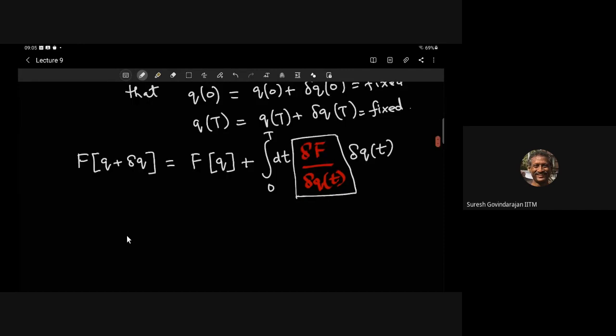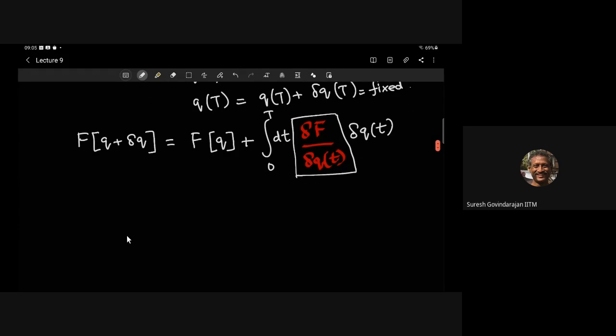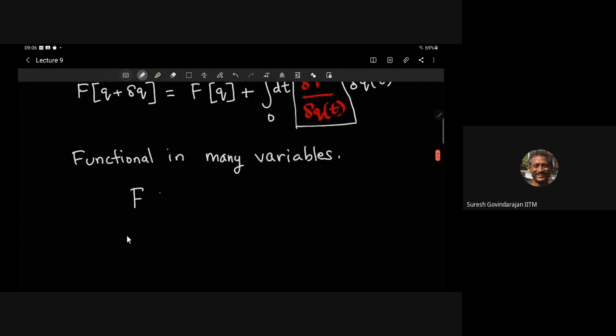Okay, so the first thing we'll consider is a functional in many variables. What I have in mind is something like this: q1 of t, q2 of t, q3 of t, and so on and so forth.